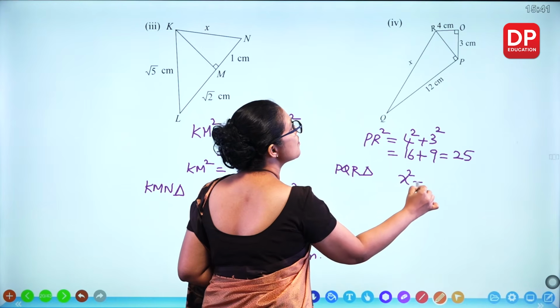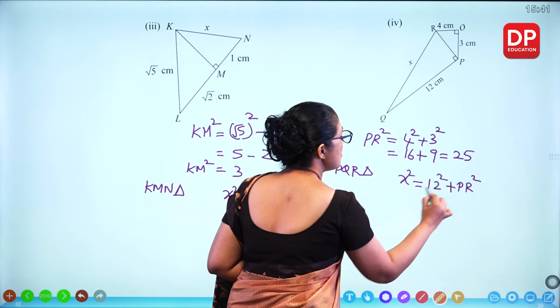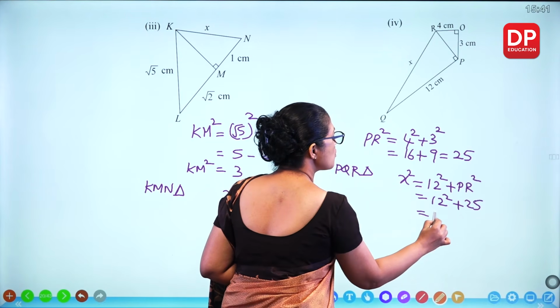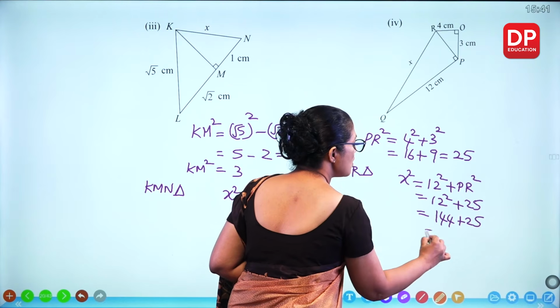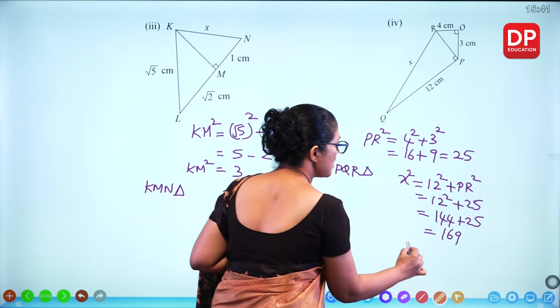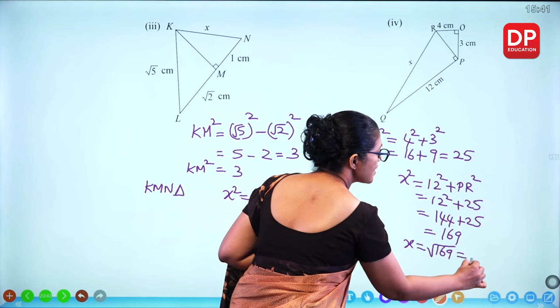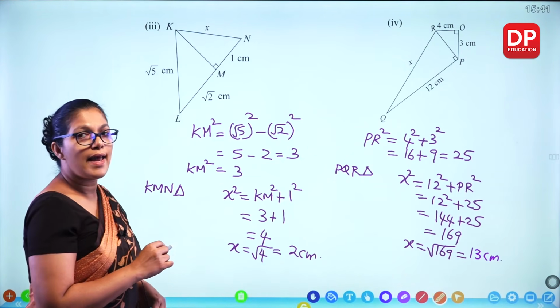X squared is equal to 12 squared plus PR squared. PR squared we found, that's 25. 12 squared is 144 plus 25, you get 169. Square root of 169, you get 13 centimeters for x.